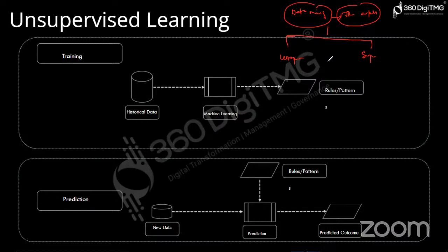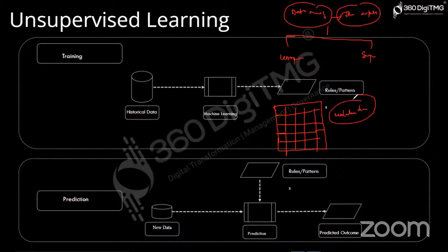So what happens in unsupervised learning? In case of unsupervised learning, I am going to have the data here, but I do not have any output variable. This is unlabeled data.